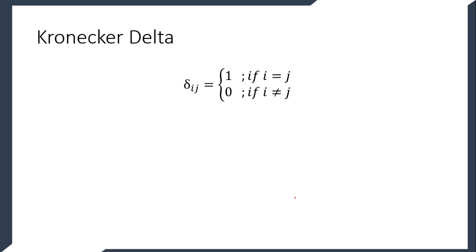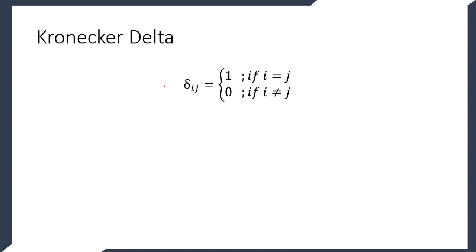Now we will move on to the Kronecker delta. We are familiar with Kronecker delta and we have done many equations using this. So Kronecker delta is denoted by delta ij, and this denotes that delta ij takes a value 1 only if i is equal to j, and it takes a value 0 when i is not equal to j.